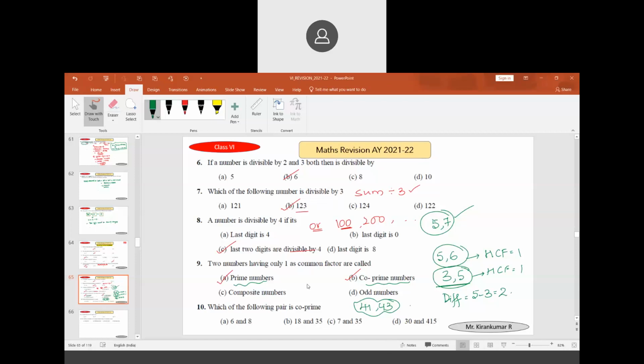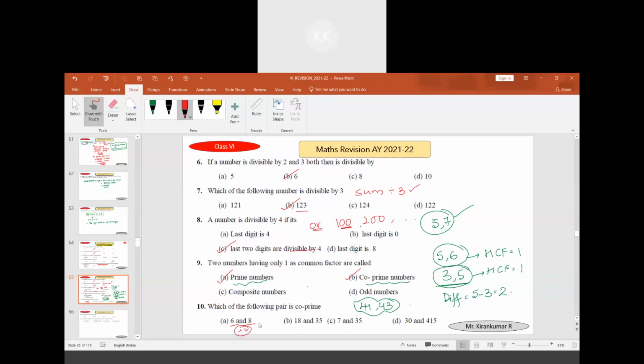Which of the following pairs is co-prime? Here, both these numbers are divisible by 2, so it is not co-prime.